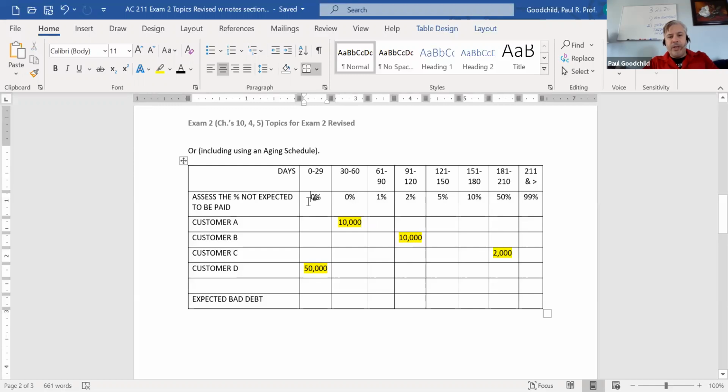And what you would do is multiply each percentage times the number that you have, if you have a number there. And then you would add them up.